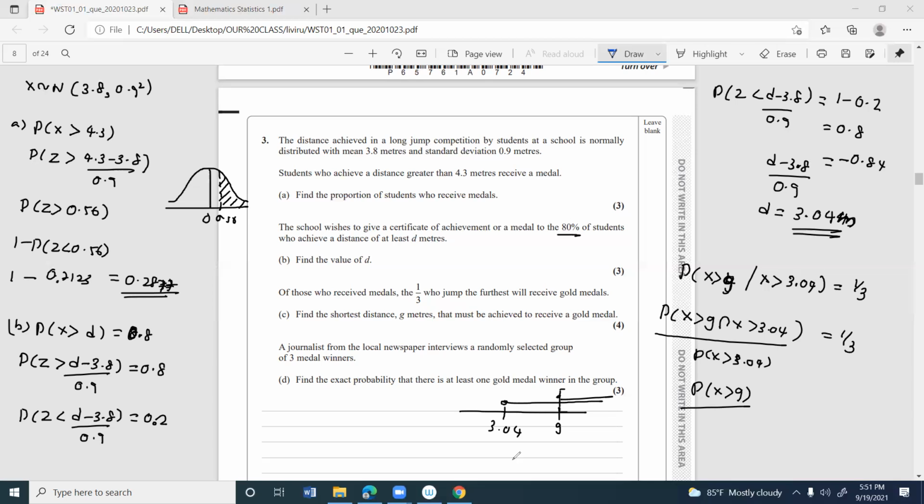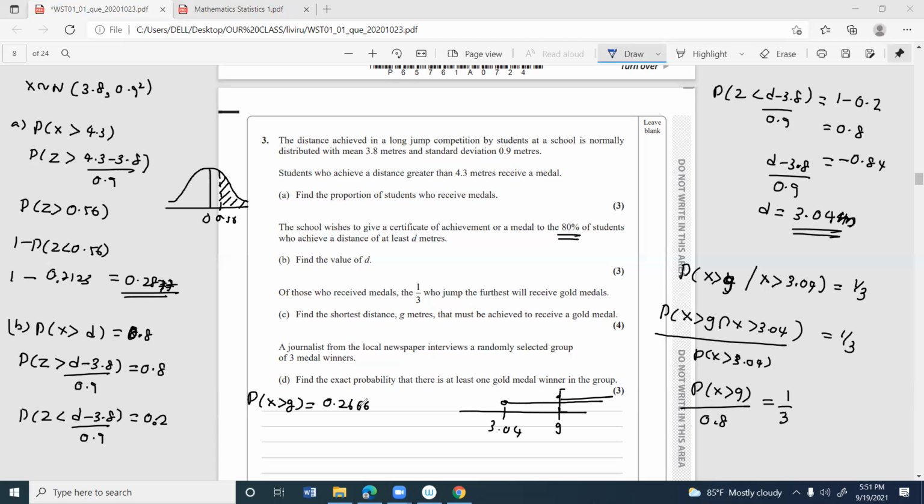We already got this answer. That is 0.8, equals 1/3. If you simplify, probability of X is greater than G is 0.8 divided by 3.